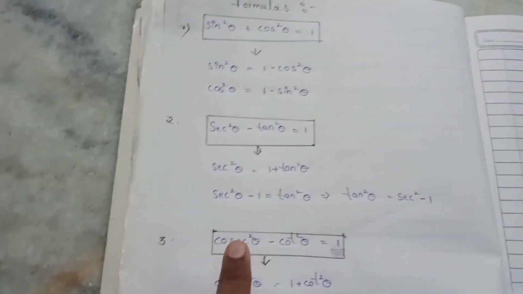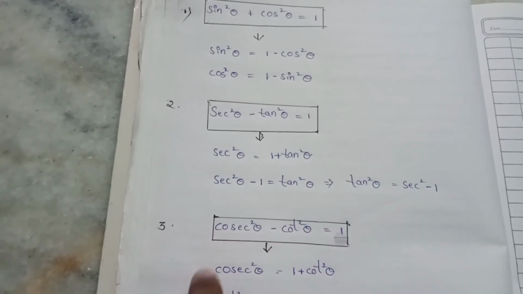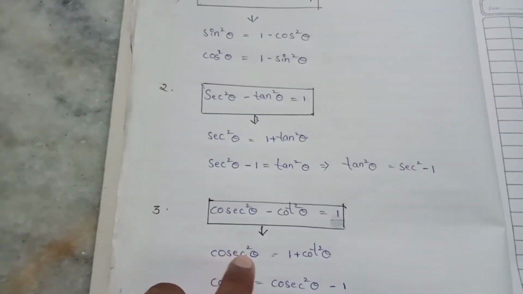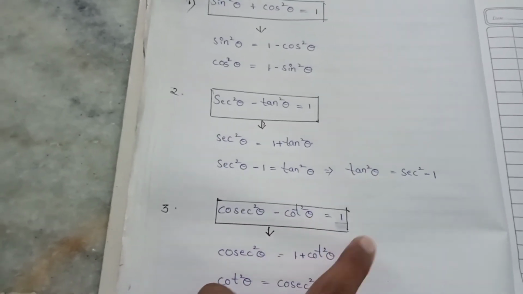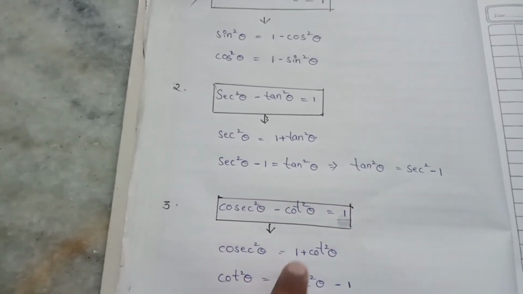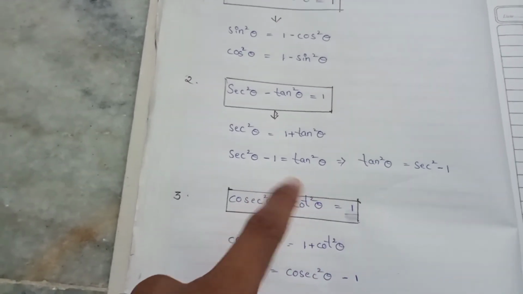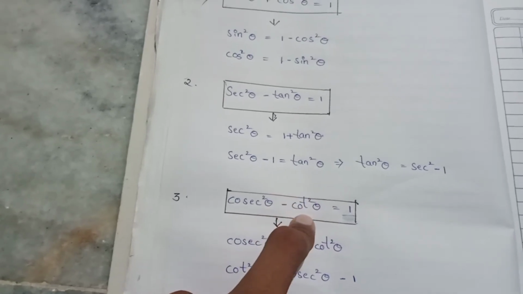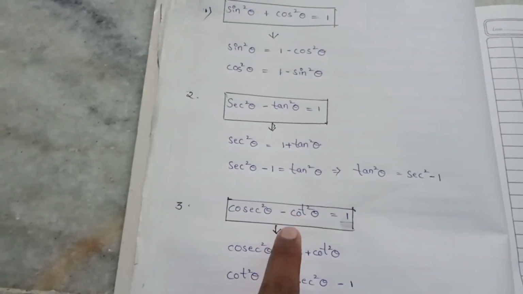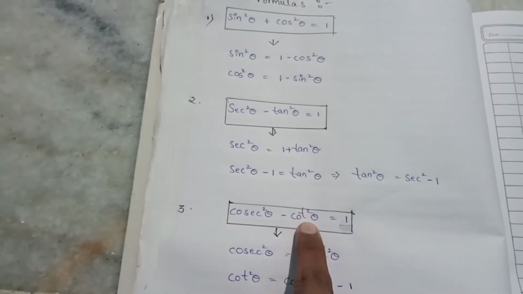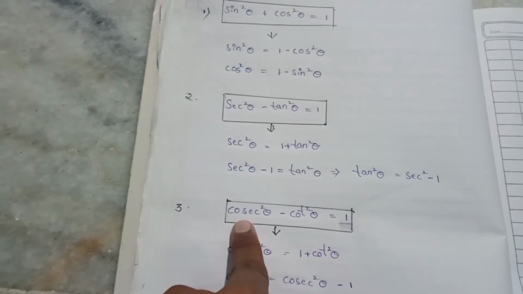Next, cosec square theta minus cot square theta is equal to 1. Cosec square theta as it is. When we bring this minus cot square theta to the RHS side, it becomes addition: 1 plus cot square theta. Next, to find the value of cot square theta, we bring the minus cot square theta to the RHS side and 1 to the LHS side.